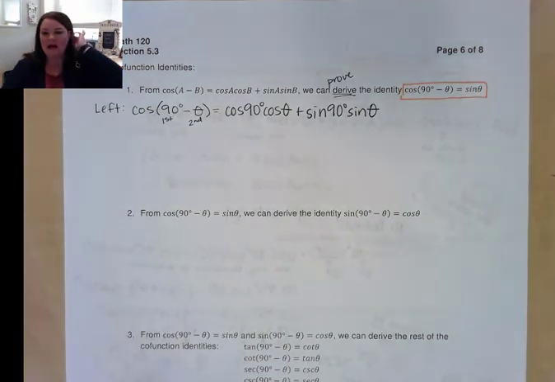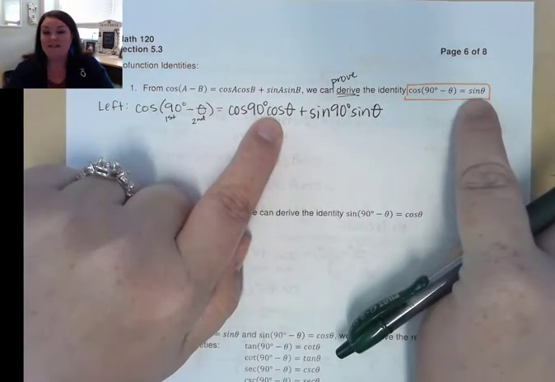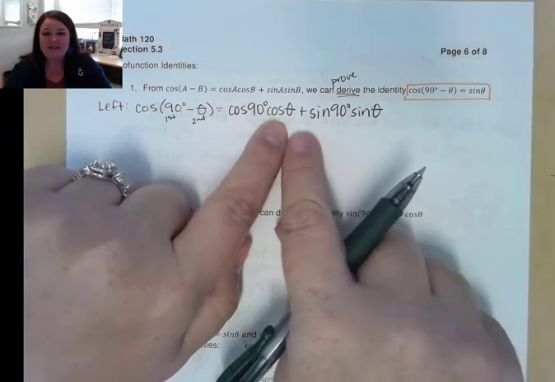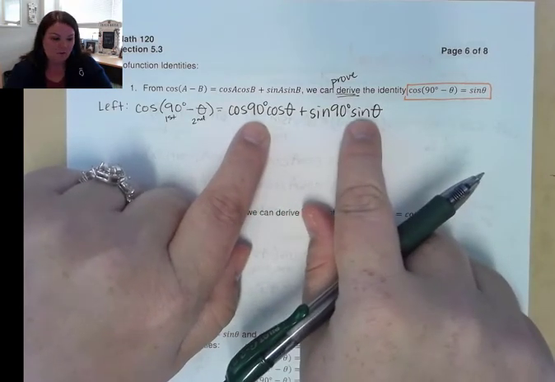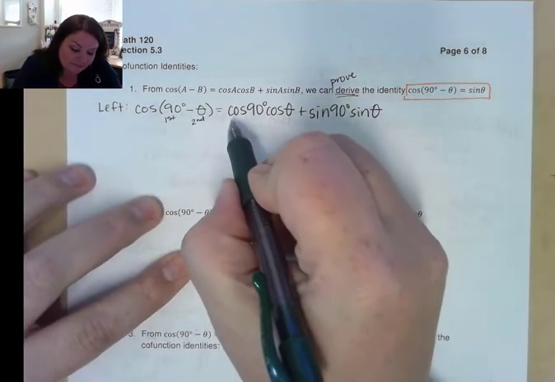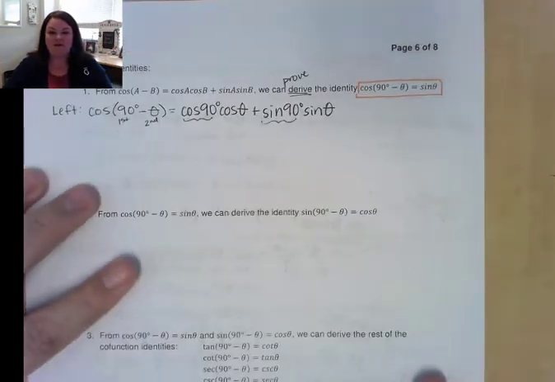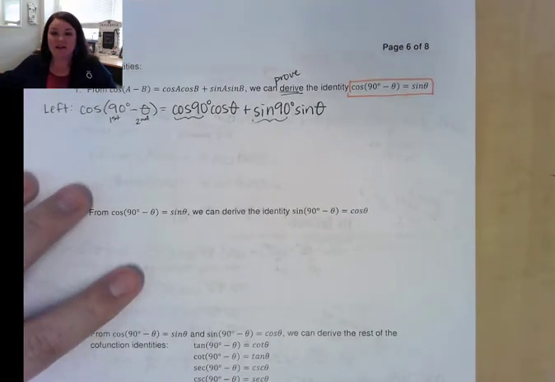So I want to see how I can now go from this to this just equaling sine theta. So let's see if there's anything in here I can fill in. Well, two things that I see right away are cosine of 90 degrees and sine of 90 degrees. Those are values I can get off of my unit circle, right?